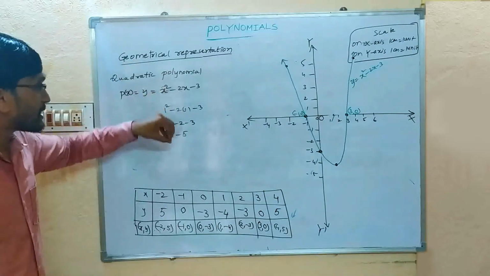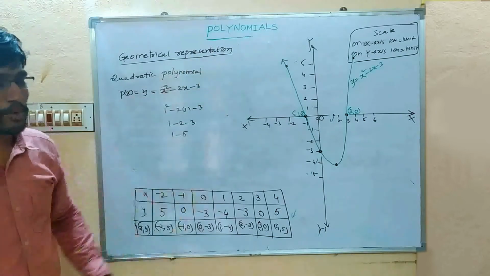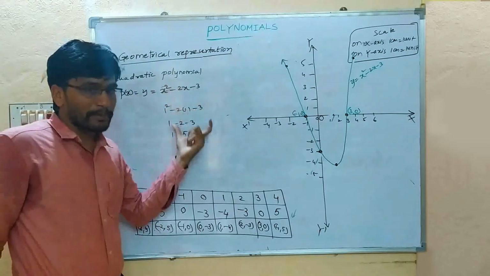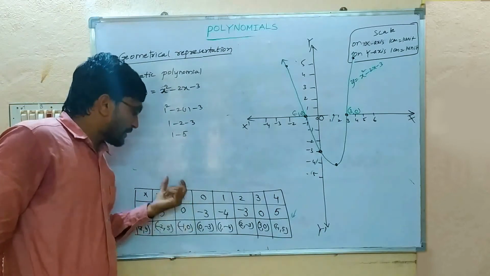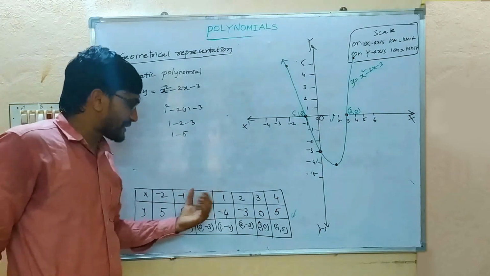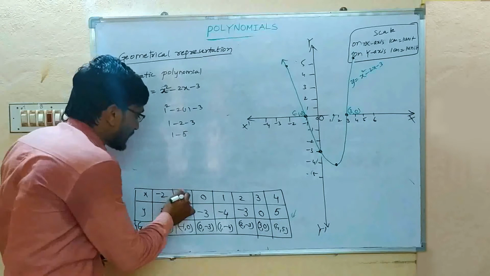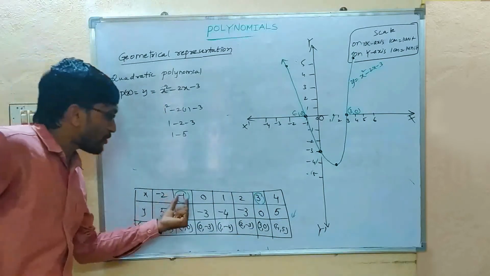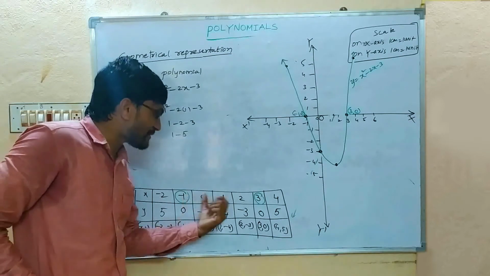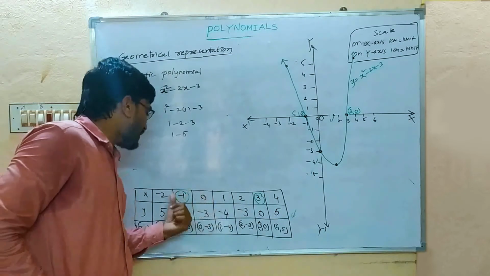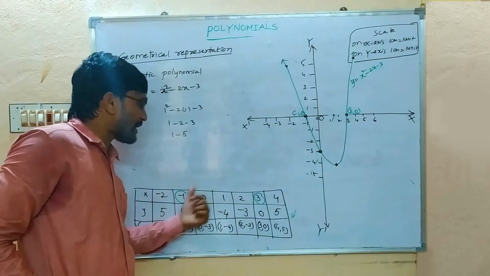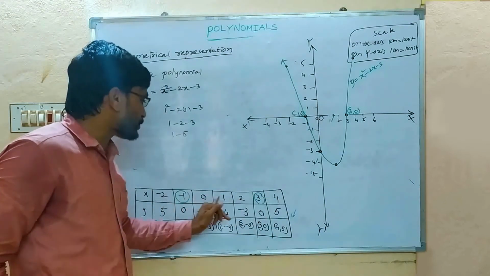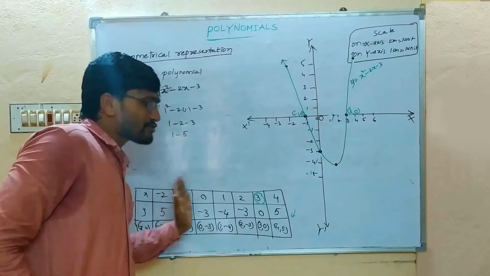So again I am telling how we can draw the graph of this polynomial. First we have to calculate the zeros of the polynomial and write those values in a table. So here we get minus 1 and 3 as the zeros. Now we have to take the integers between minus 1 and 3, and one integer before minus 1 and after 3, like minus 2, minus 1, 0, 1, 2, 3, 4 as the values of x.